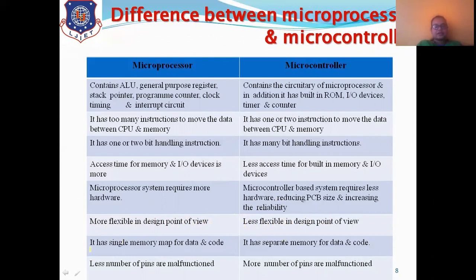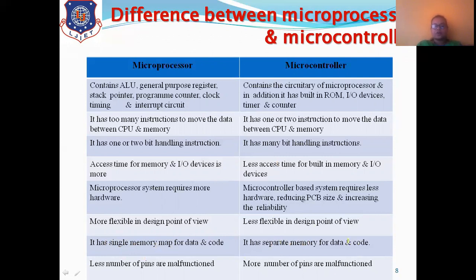Next, a microprocessor has a single memory map for data and code. So for storing data and for storing programs, a microprocessor has a single memory map. That means it will follow a Von Neumann architecture, right? Whereas a microcontroller has separate memory for data and code, right?